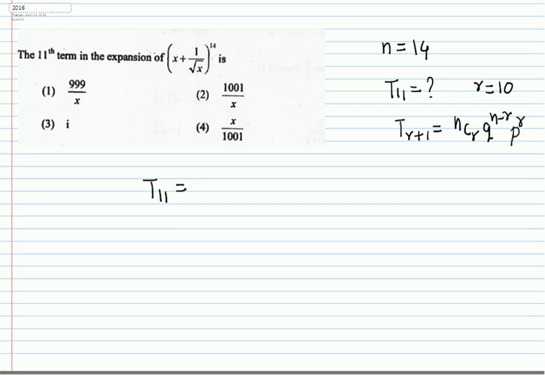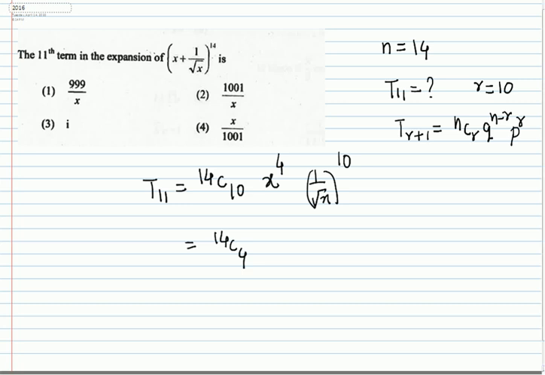Keeping this in mind, what will we be getting? 14C10 into the first term to the power 4 and (1/√x)^10. Okay, 14C10 can be written as 14C4 using the identity nCr is equal to nC(n-r).